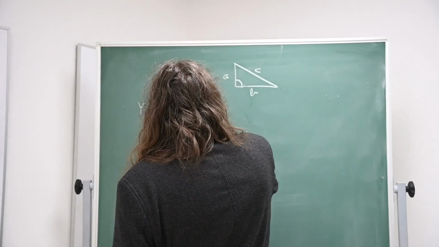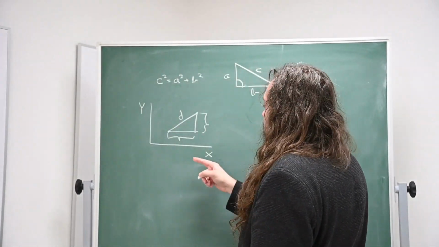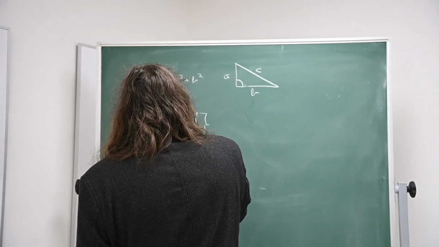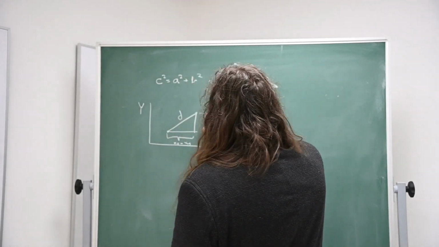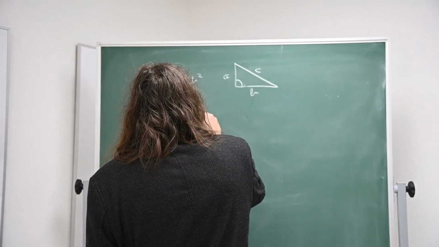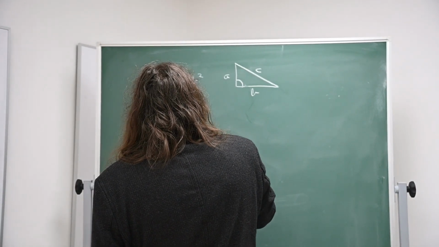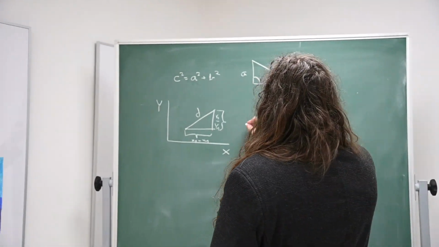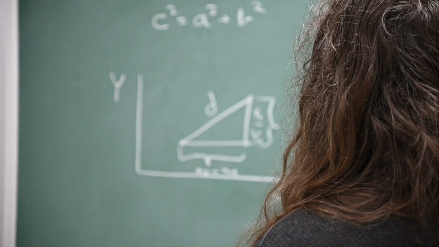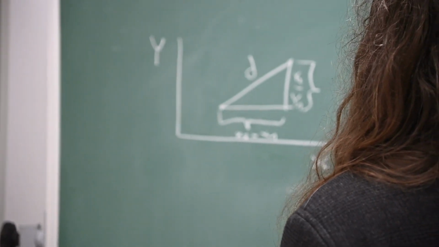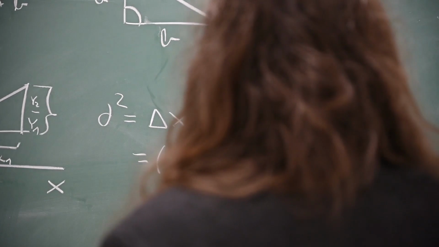And then we can just see from the picture that this side is just the difference of the x coordinates of those points, and this side is just the difference of the y coordinates. So the distance of these points is, again by the application of the same theorem, or for convenience we can also write it like this.